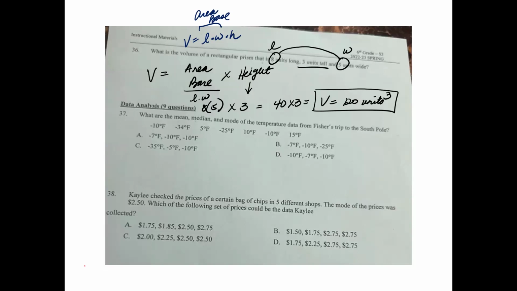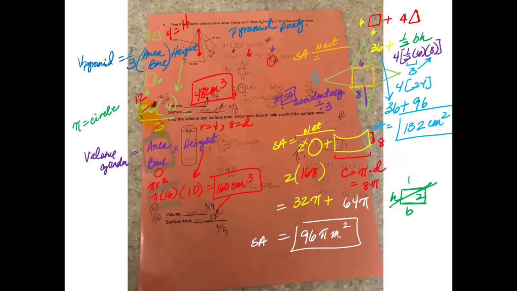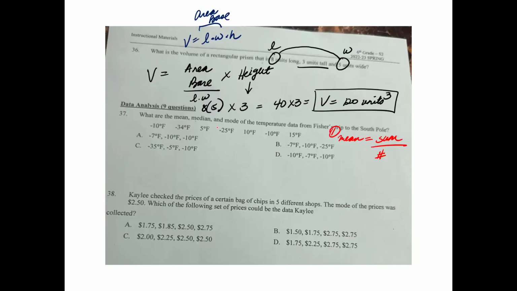What are the mean, median, and mode of the temperature data from Fisher's trip to the south? First one is mean. Mean is when you take the sum of everything and then divide it by the number that you have. How many numbers do we have here? 1, 2, 3, 4, 5, 6, 7. So n is 7, an odd number.